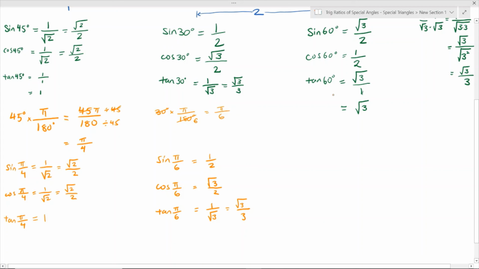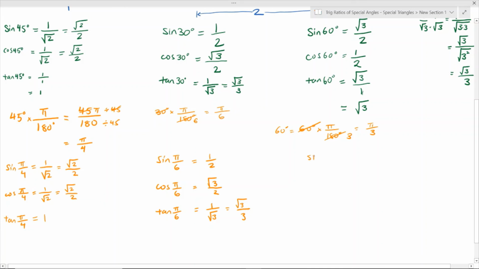Now how about for 60 degrees? Same thing, so 60 degrees times pi over 180 degrees. Dividing the top by 60 degrees, dividing the denominator by 60 degrees, we get 3 in the denominator. So we can say that 60 degrees is equal to pi over 3, which is 60 degrees in radians.